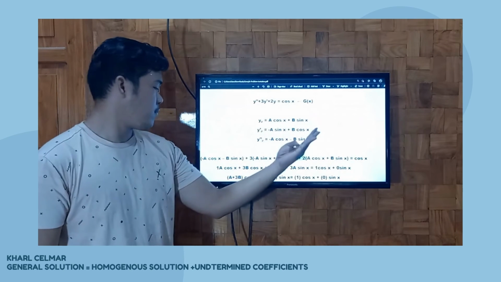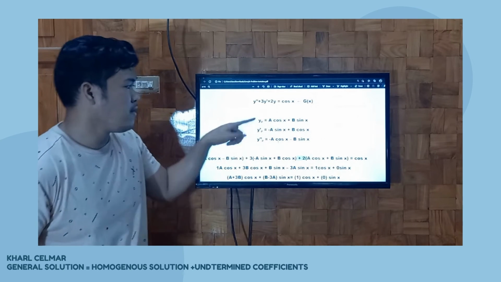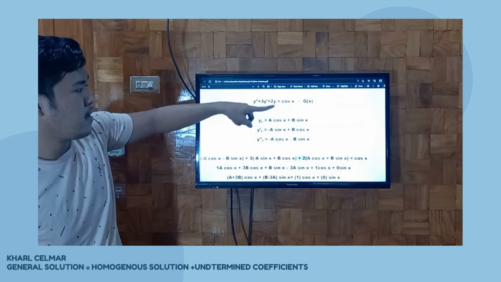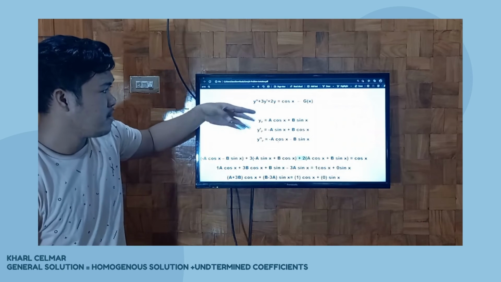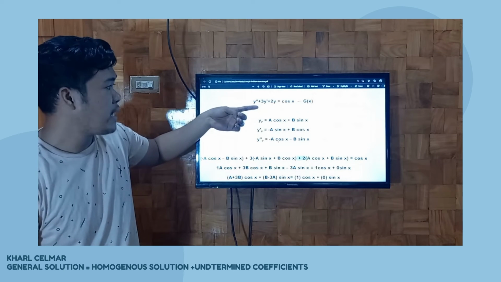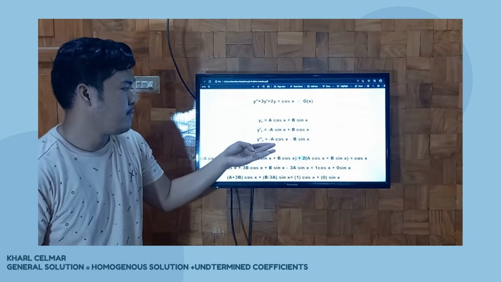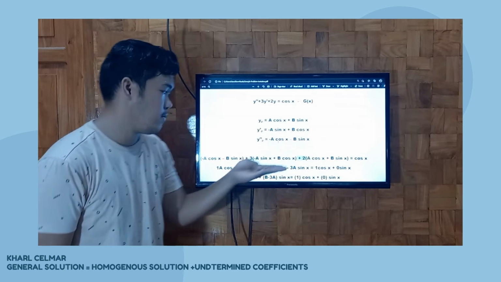After getting this information, we are going to substitute it into the problem. The y double prime will be negative a cosine x minus b sine x.